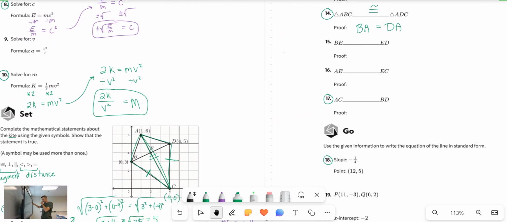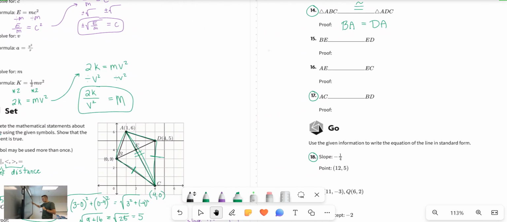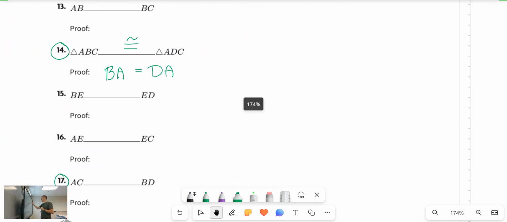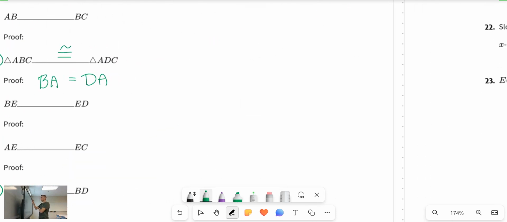So BA and DA. So from B to A is 0,3 to 1,6. Right? B to A is 0,3 to 1,6. All right. What is the distance there?